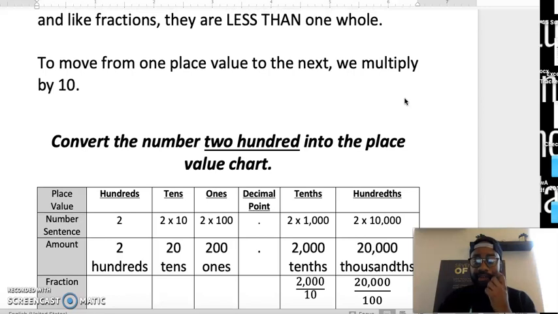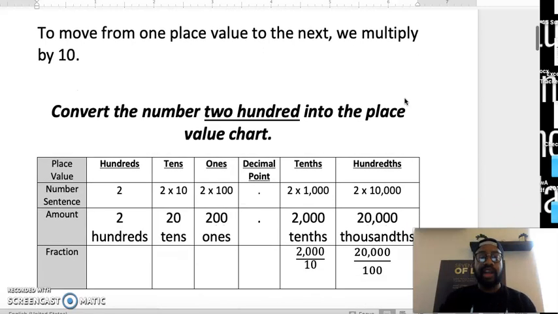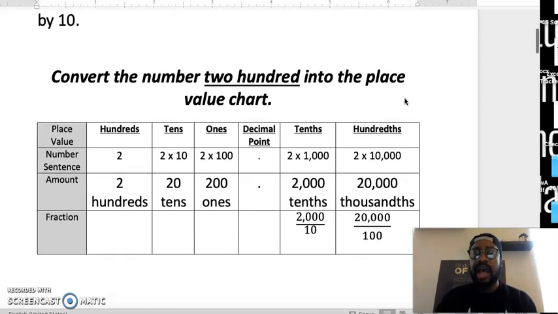If I have my place value chart and I'm trying to change the number 200 into different place values, I know that for every place value I move, I multiply by 10. If I'm in the hundreds place and I want to figure out how many tens that is, I jump and multiply by 10. If I'm in the tens and I want to figure out how many ones that is, I jump again and multiply by another 10.